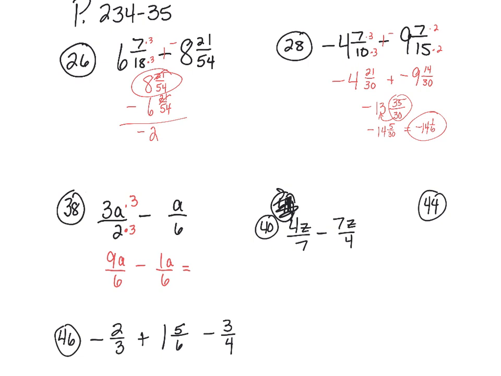We subtract them and we get 8a over 6. And you got to remember that you have to reduce these. 2 goes into both of them and we get 4a over 3. And that is my final answer. I've told you guys before that we don't make them mixed numbers when they have a variable in them. So if you did that in your assignment, they're wrong.